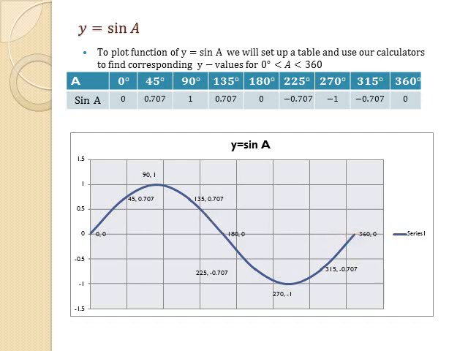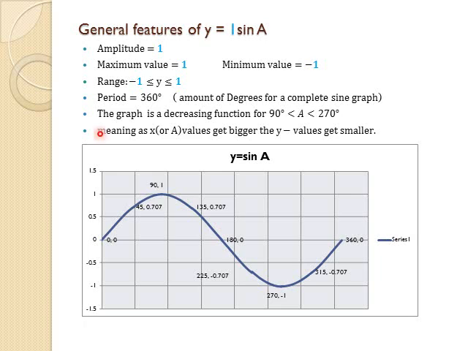Right, let's look at some general features. Now take note there, I've typed in 1, we don't need to write the 1 there, no? But there's an invisible value 1 in front of sine. That gives me my amplitude. So what do I mean with amplitude? Right, if we start here, draw a horizontal line, amplitude is the highest point the graph would go to, starting from 0 to 1.